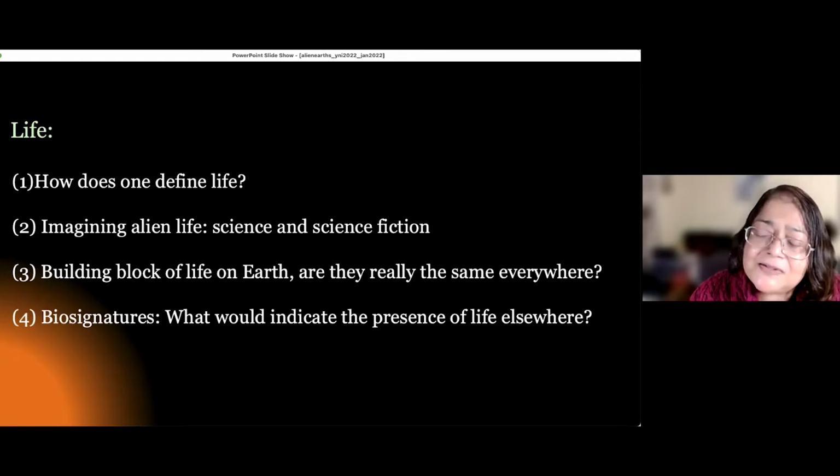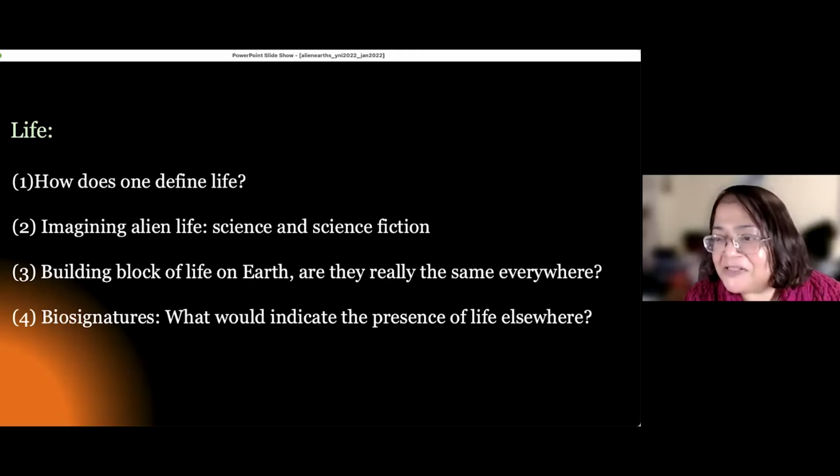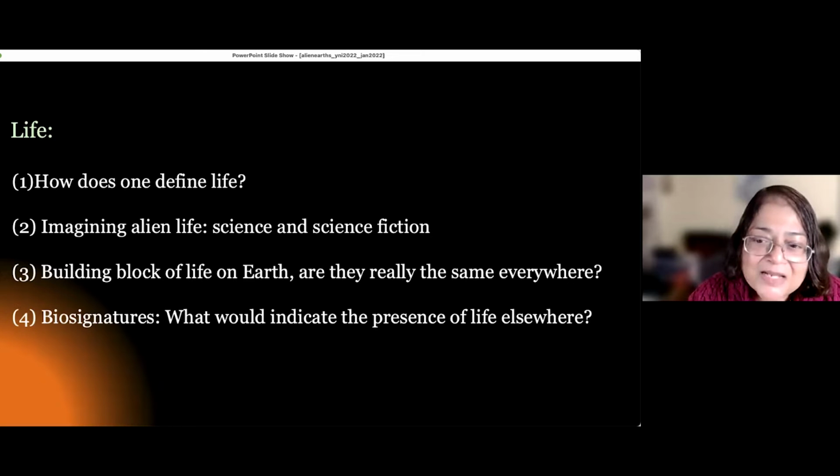And there's superb science fiction that deals with different forms of alien life. And that's something extremely interesting to explore. And I can say with confidence that many people who are trying to find life elsewhere basically grew up reading science fiction by Arthur C. Clarke or Larry Niven, talking about different life forms elsewhere.